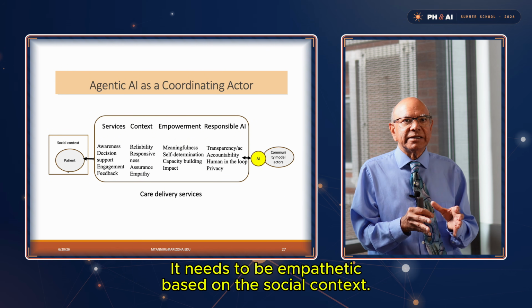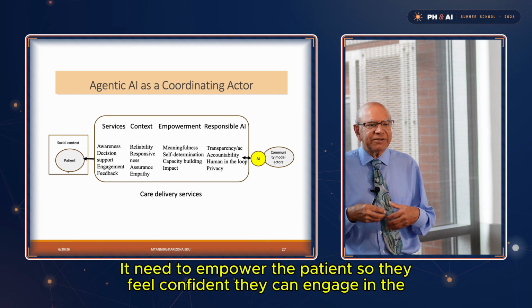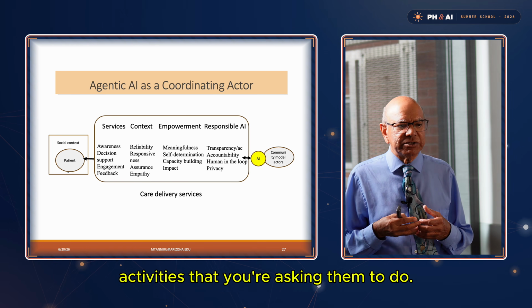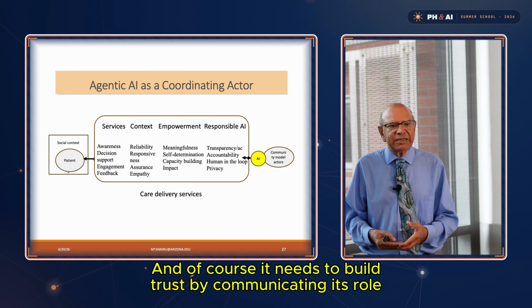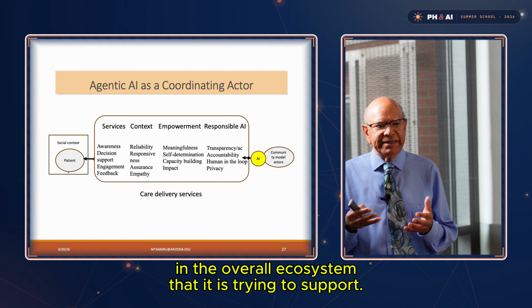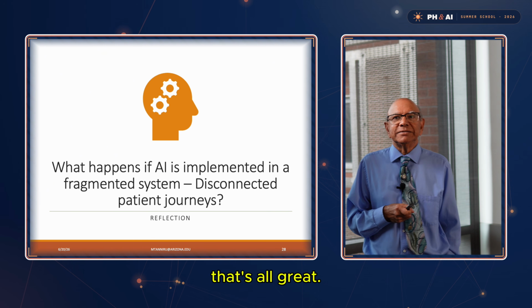It needs to be empathetic based on the social context. It needs to empower the patient so they feel confident they can engage in the activities that you're asking them to do. And of course, it needs to build trust by communicating its role in the overall ecosystem that it is trying to support.